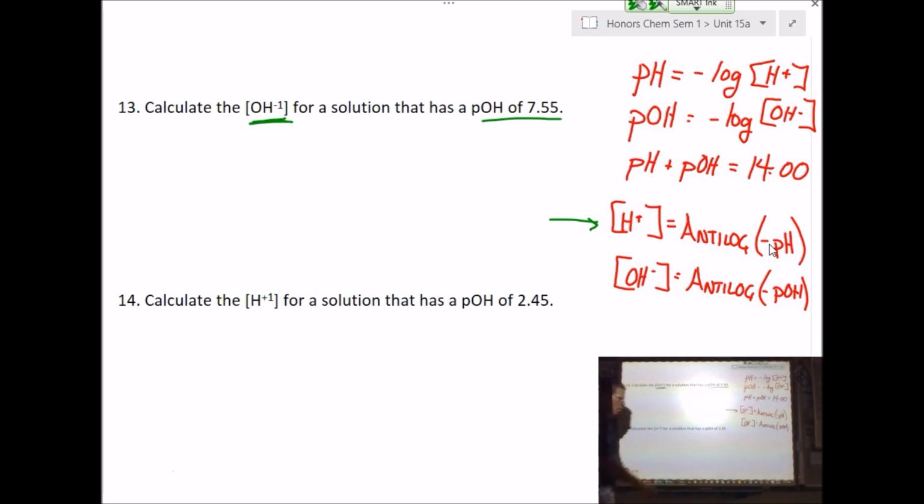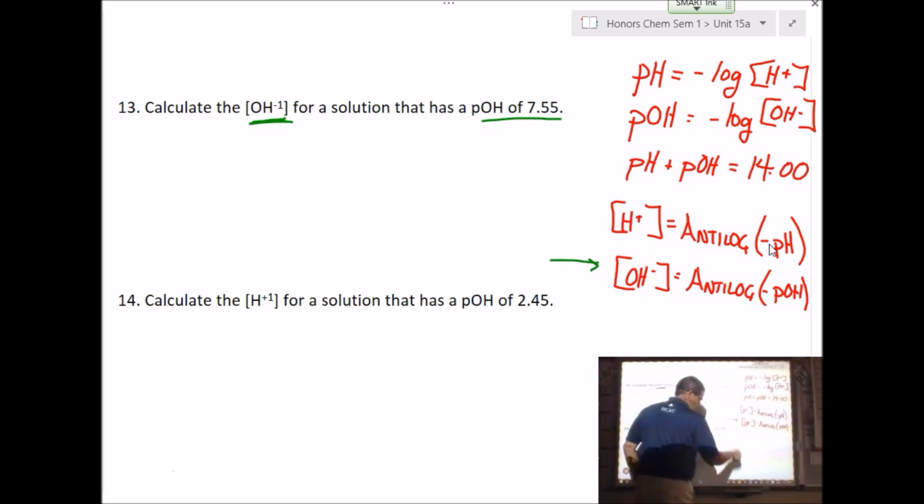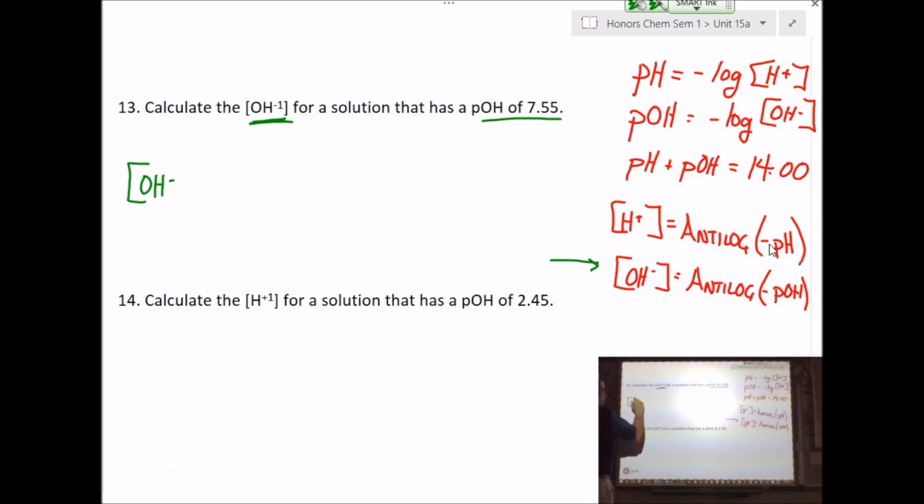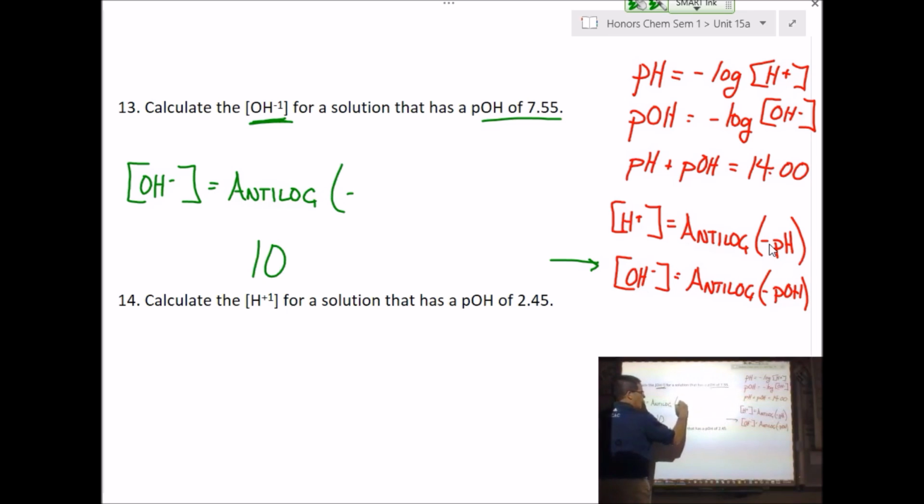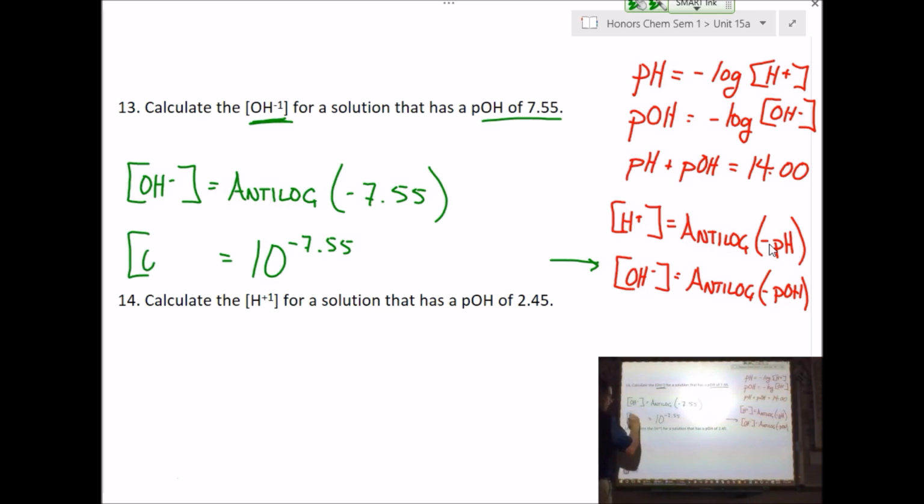So now we're going to use this equation right here, right? To find the hydroxide concentration, just take the antilog. And again, if you want to write 10 to the negative 7.55, both are legal.